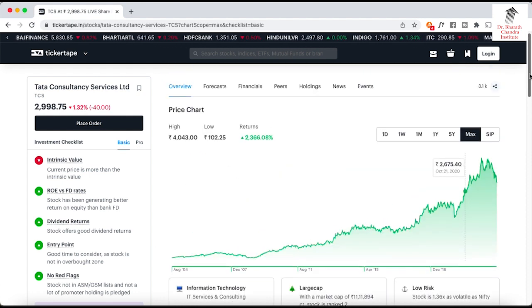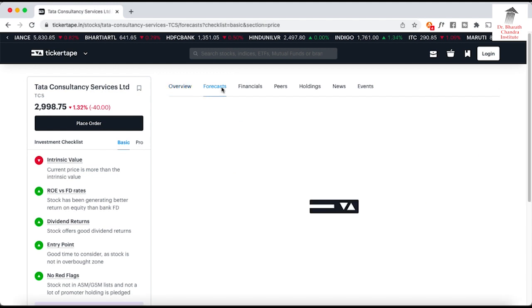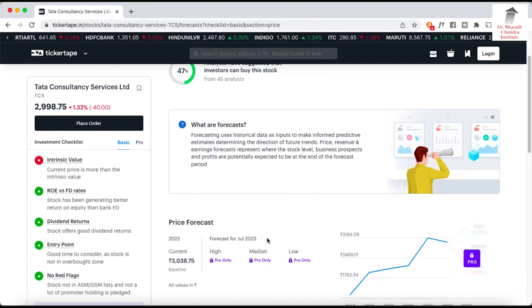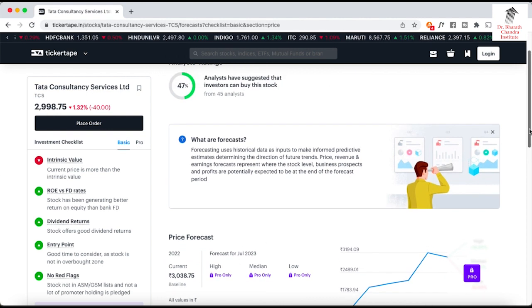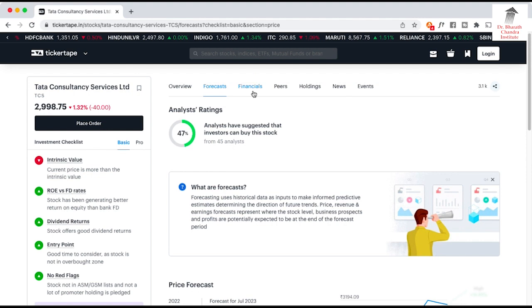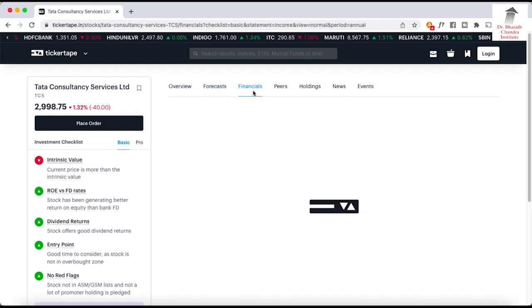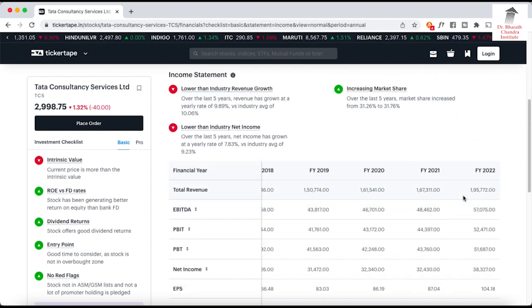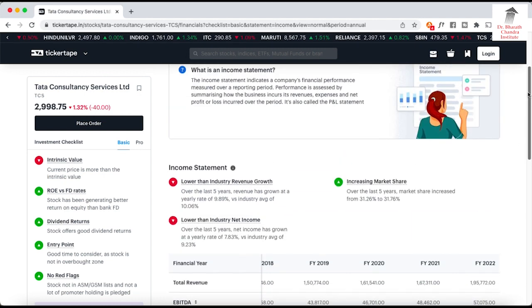Similarly, they have many more things here. It says forecast, the analyst forecast of the particular stock, what the expectation is for the next year. It gives all the information here, July 2023, what the expectation is, etc. Similarly, financials: the profit and loss account, balance sheet, cash flow statement, similar to how you see in Screener, they have given it in a similar way, and you can look at the data and do analysis.